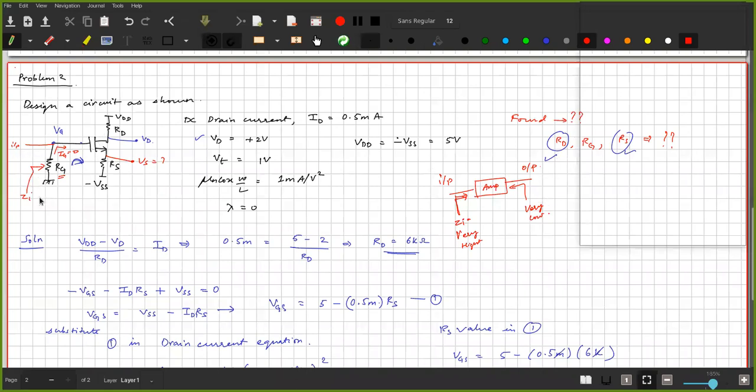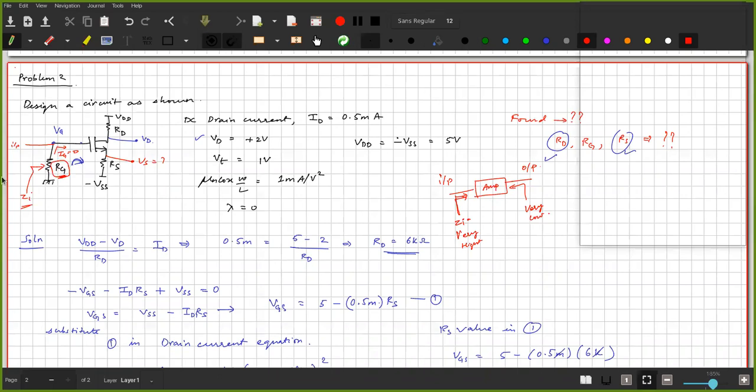Now how do I achieve this high impedance? It is by having a very large resistance connected to the input. And the MOSFET by default has its gate completely isolated from the drain and source, so this high value of RG will add to that.